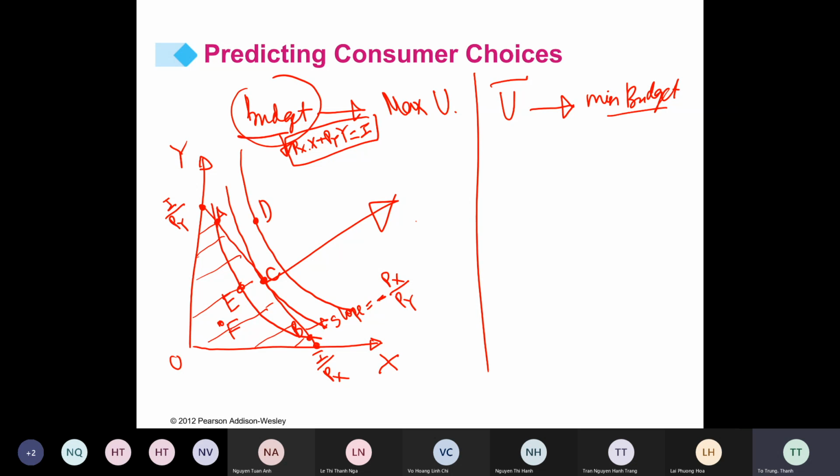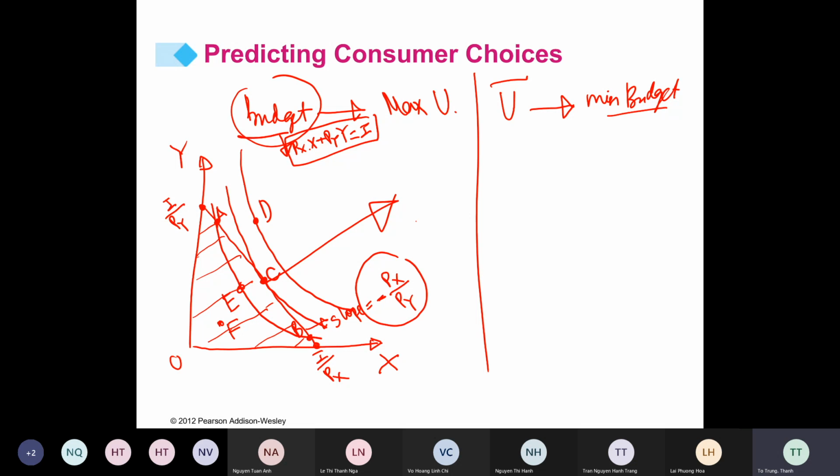So what happened to point C? At point C, you see the tangent point between the budget line and the indifference curve. And mathematically, you will see that the slopes of these two curves are the same when two lines are tangent. So what is the slope of the budget line? Minus px by py.